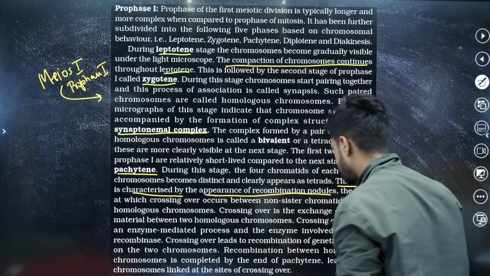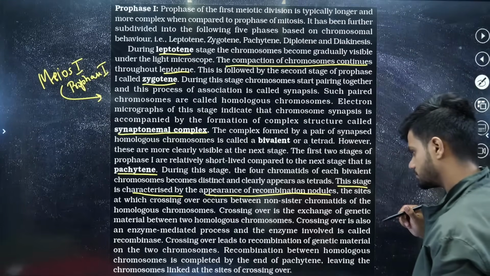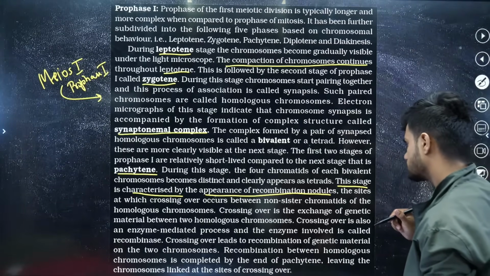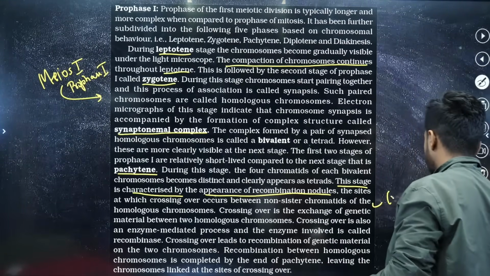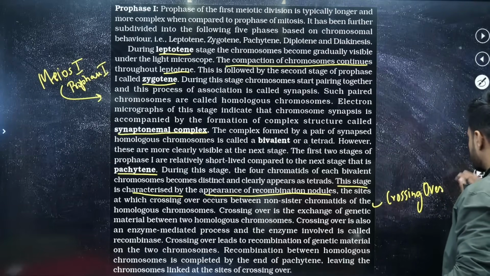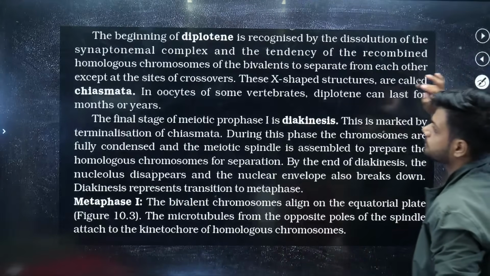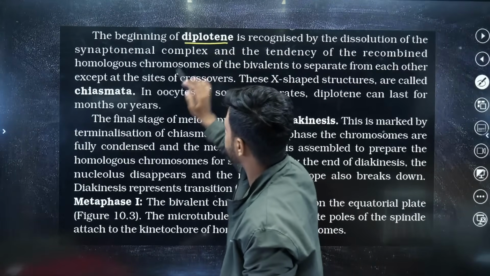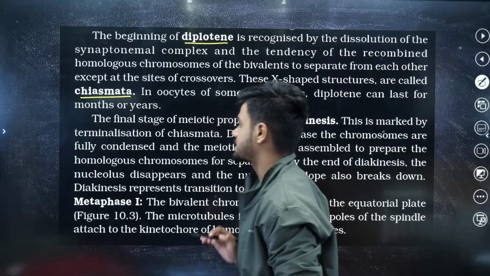What happens in the third one? The crossing over also happens here. Then, in the diplotene stage, there is formation of chiasmata.